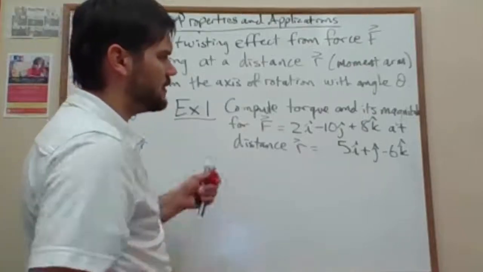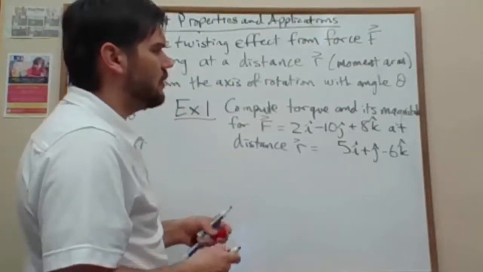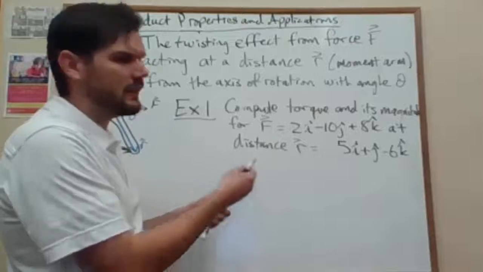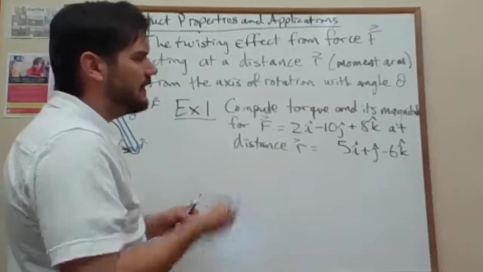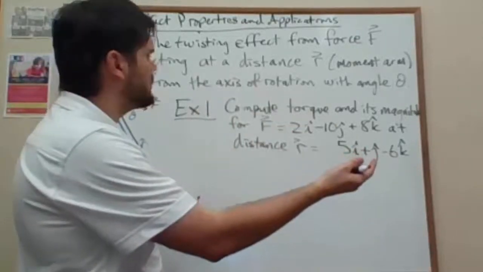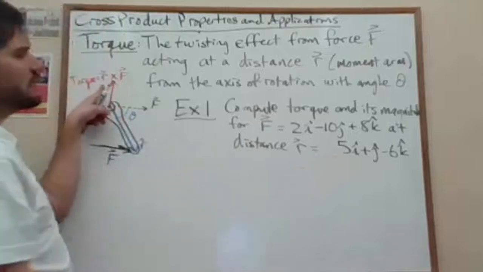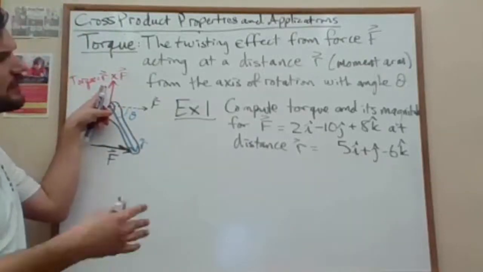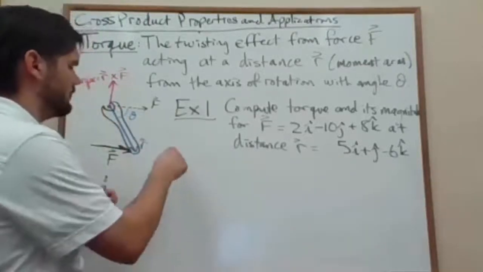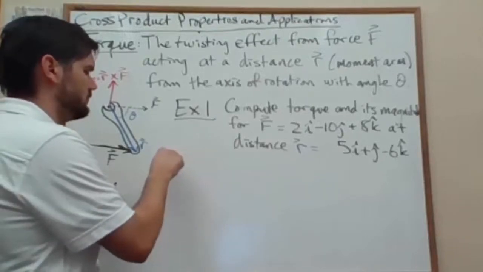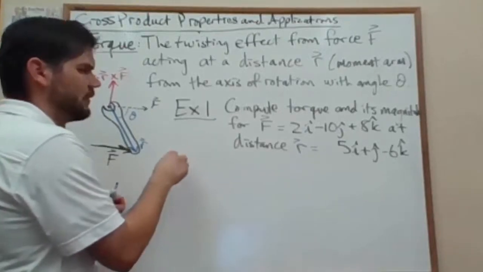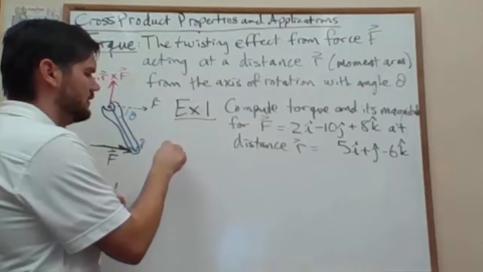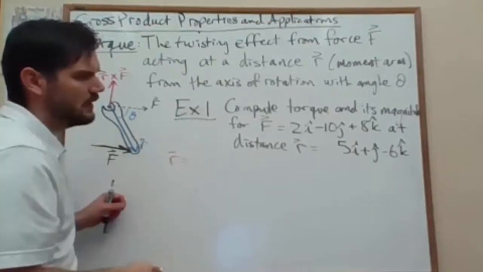Okay, to compute this cross product, I first want to put them in shorthand notation, get them lined up, and then I want to also make sure I have the right order. So torque is R cross F, not F cross R. So I'm going to write R above.